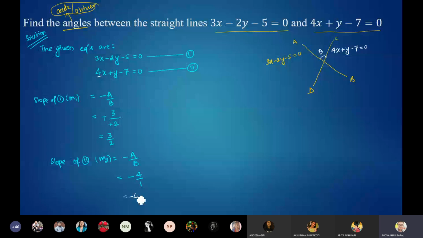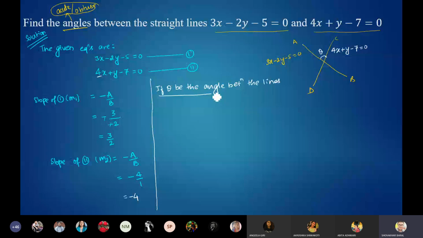But our main intention is to find the angle between the lines. We got the slopes here, m1 and m2. So if theta be the angle between the lines, please write along with me.